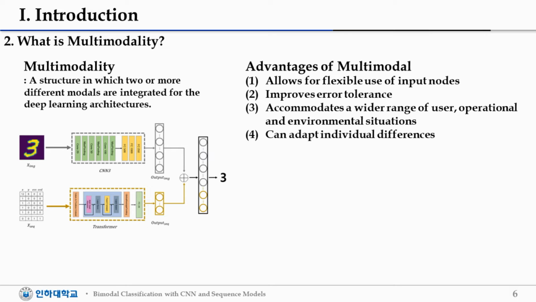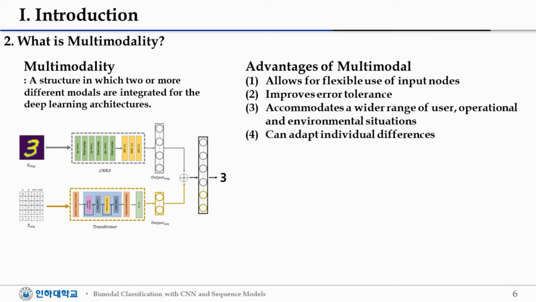Multimodality has several advantages. First, the multimodal model allows flexible use of input modes, including alternating and combined use. This improves error tolerance and accommodates a wider range of user, operational, and environmental situations.